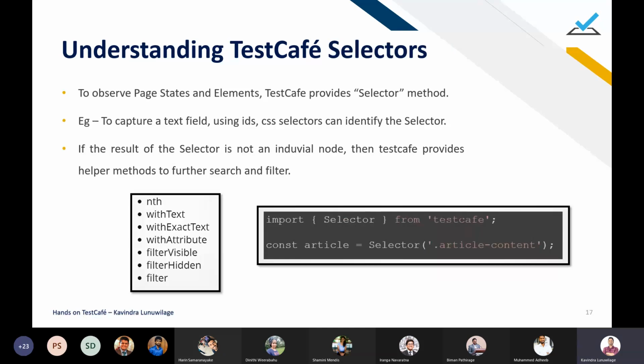Then to give you an idea, once you declare the fixtures, test hooks, and other test functions, you now have to identify elements from a web page. To identify any web elements and to observe the page states, you have to use this TestCafe method called Selector.